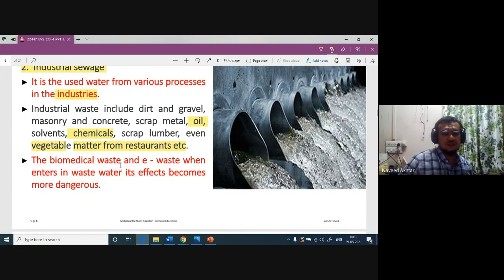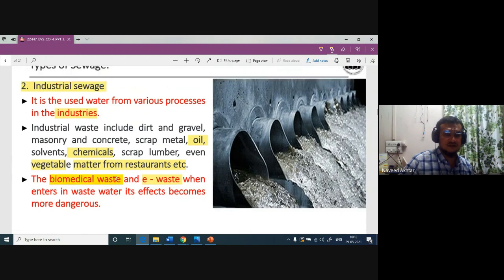Medical waste and e-waste, when they enter the wastewater, make its effects more dangerous. Biomedical waste also comes in. E-waste means wastage from the computers and hardware we use, that is mouse, keyboard, monitor, etc. And biomedical waste comes from hospitals.